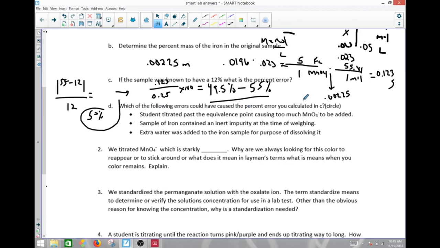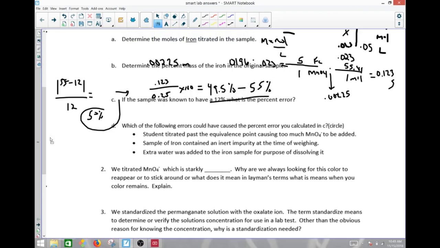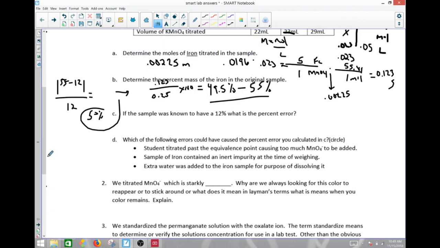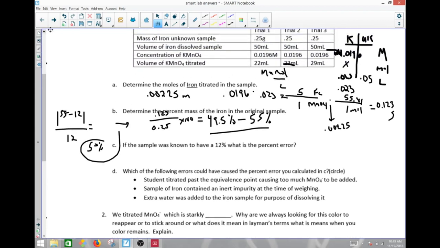Alright, so the student titrated past the equivalency point. So you want to look at this and see. I'll move this back where it was. There we go. Wonderful. Alright, what was the error that happened? If they titrated past the equivalency point, that's going to cause the volume of my known to go up.